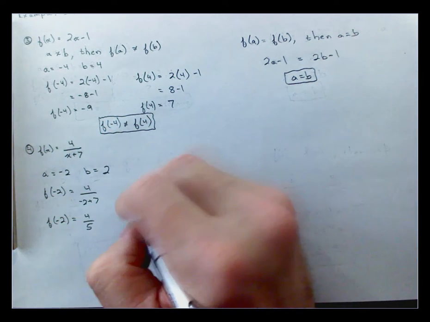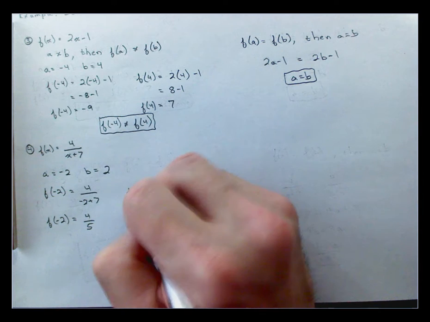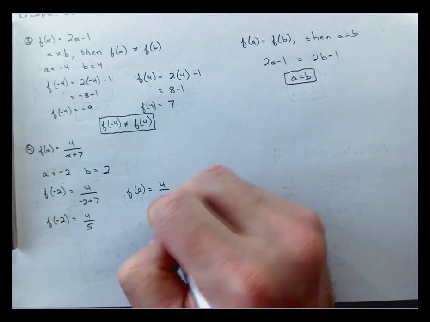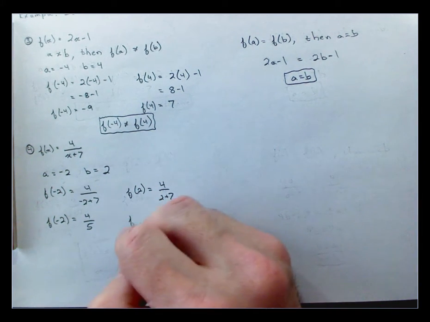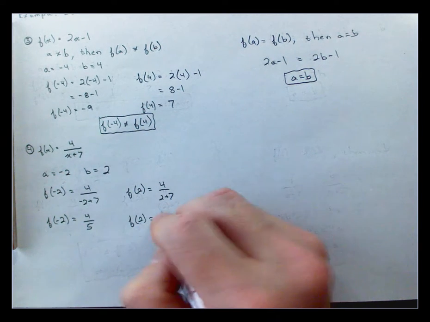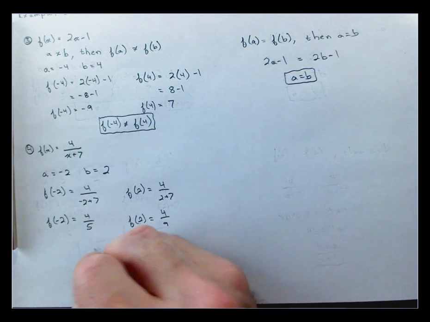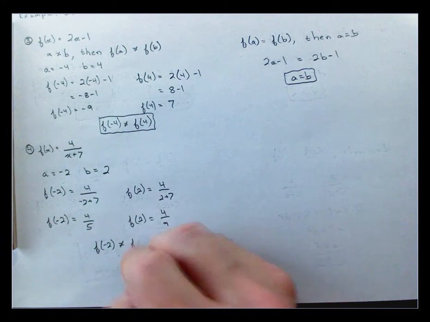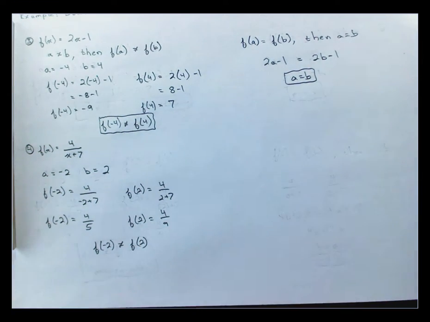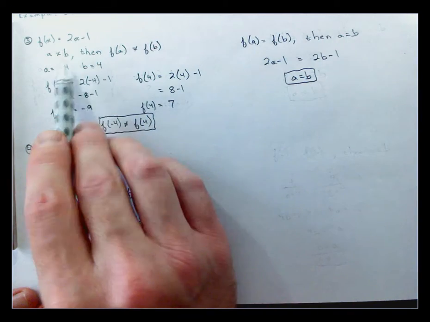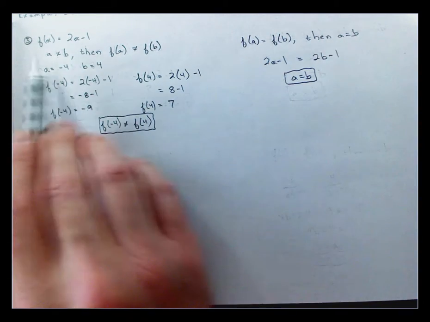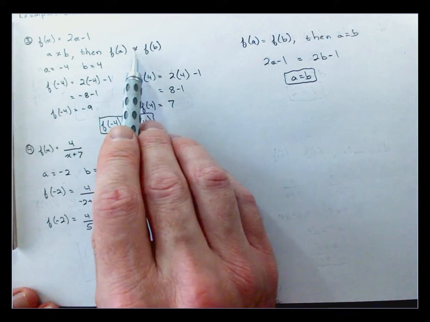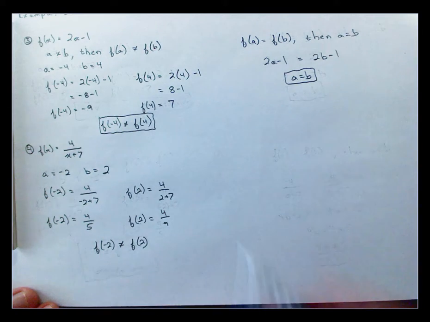Four-fifths for that one. 4/9 for that one. So I know that f of a negative 2 does not equal f of 2. And that's what I needed. My A and B were not equal. Then f of A should not equal f of B, and they did not.